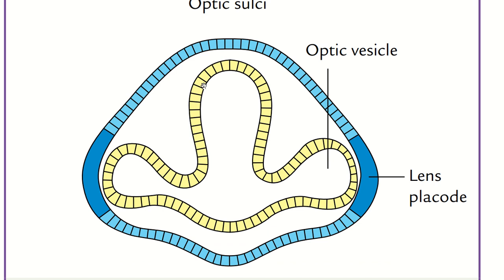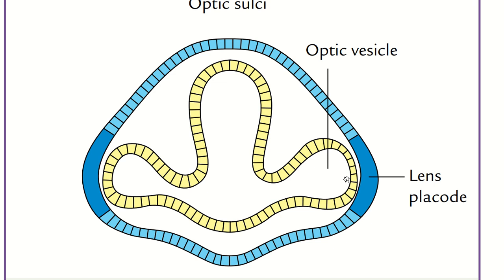So this is your forebrain, and this is the outpocketings that we are talking about. These are your optic vesicles. The optic vesicle will contact the surface ectoderm and induce the formation of the lens placode. This lens placode is going to invaginate inside.